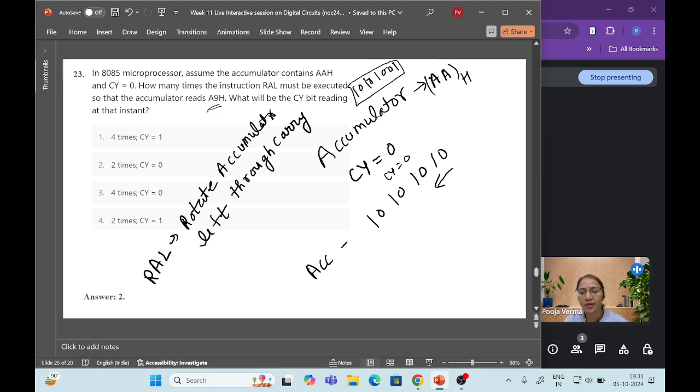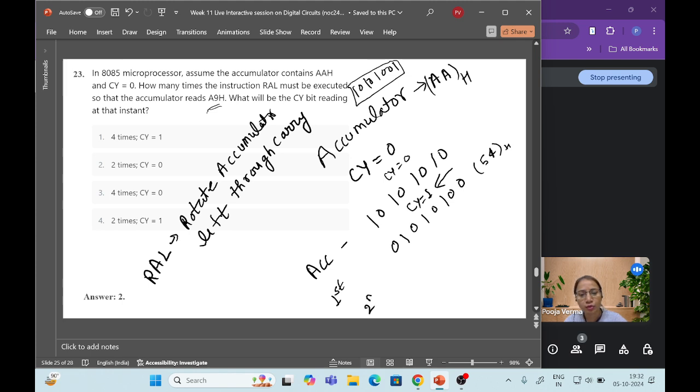So how many times will it rotate? First rotation: this will be 0101 0100, and the carry value is 1 because it is stored here. The accumulator is 54H, so it is not matching A9.